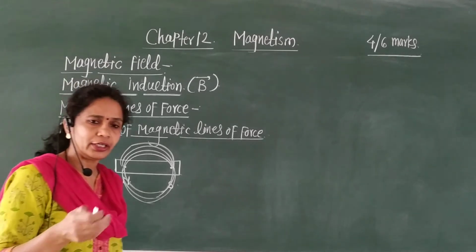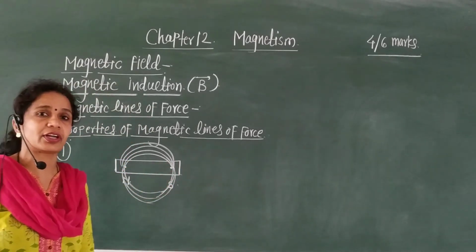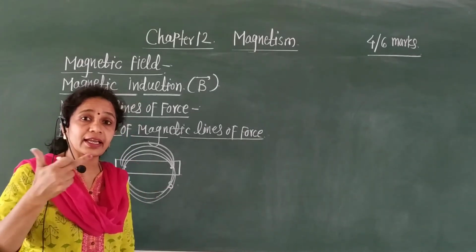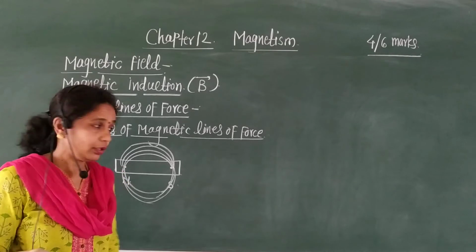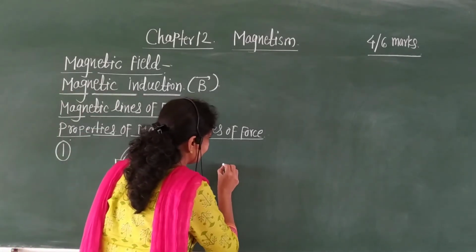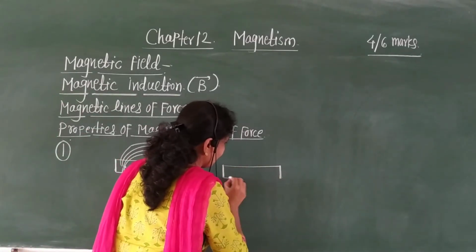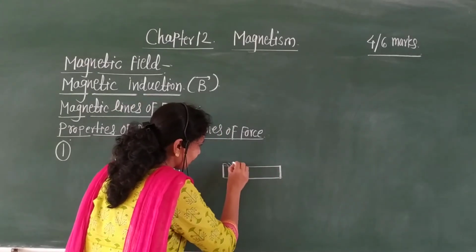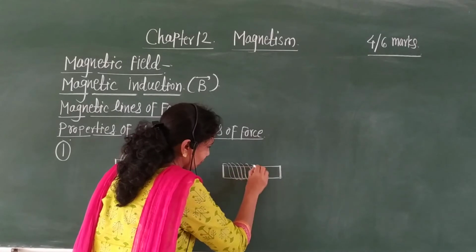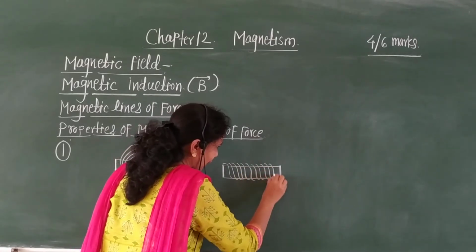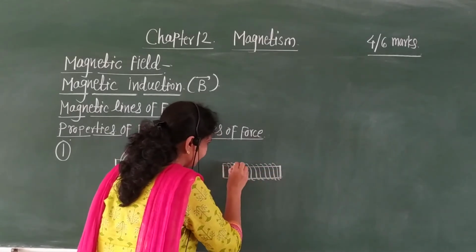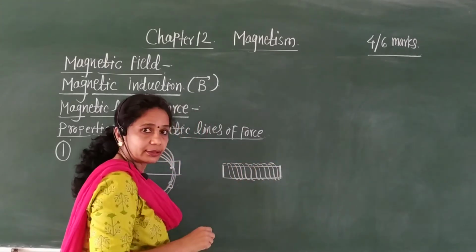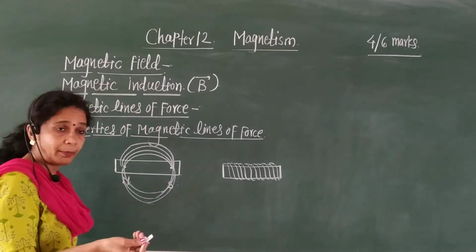What is the solenoid? Solenoid is a tube-like structure and on this tube there is a wire wound like this. This is the core of this solenoid, and on this a number of wires are wound, like this, and it acts as a magnet.